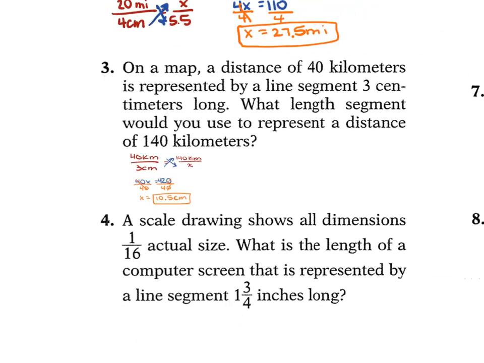For 4, it says a scale drawing shows all dimensions 1/16 actual size. What is the length of a computer screen if that is represented by a line segment of 1 3/4 inches long? So we're taking the 1 3/4 and we're dividing it by 1/16.